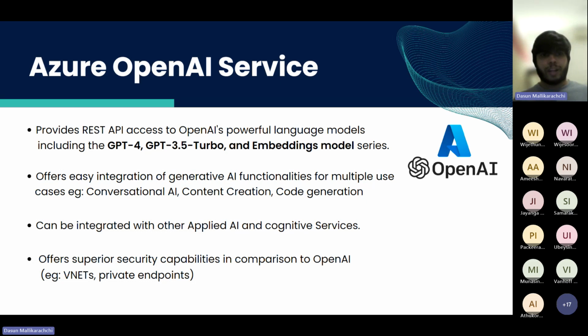And this OpenAI service and OpenAI models can be integrated with other applied AI and cognitive services in the Azure AI stack as well, as you might have seen in those Vision and Language Studios. One of the main features why Azure OpenAI Service stands out from OpenAI is that it offers very superior security capabilities, such as virtual networks and private endpoints.